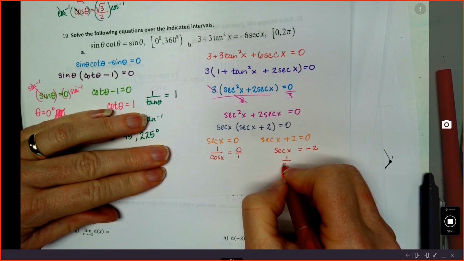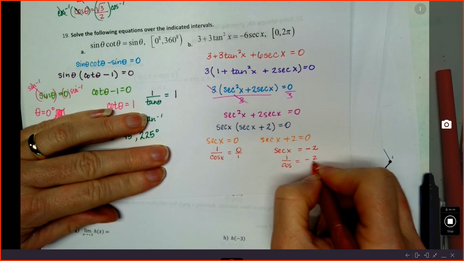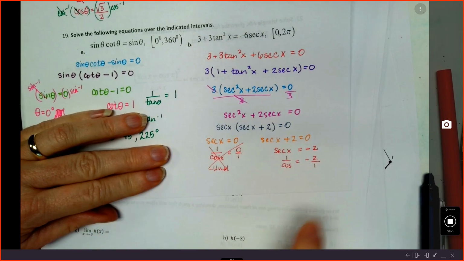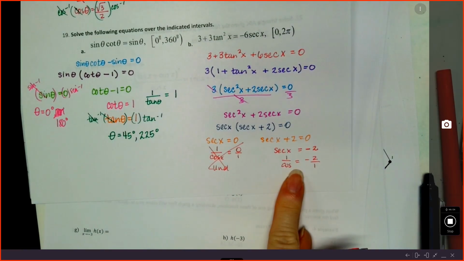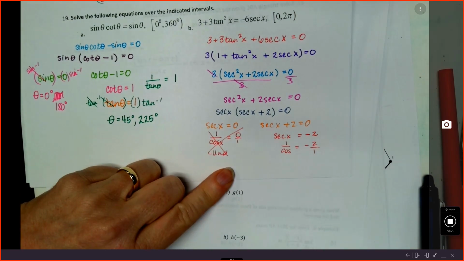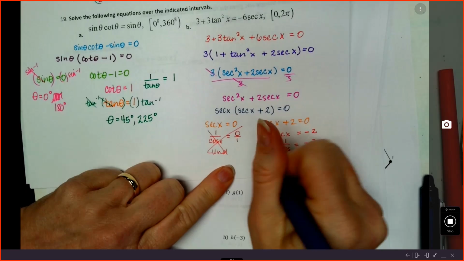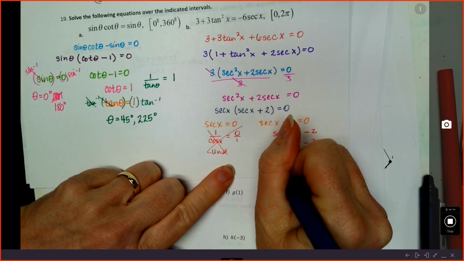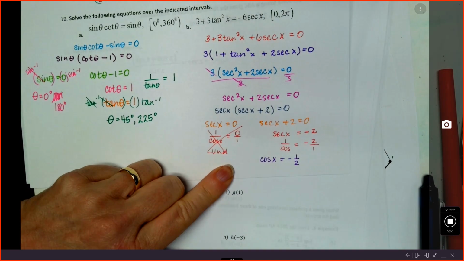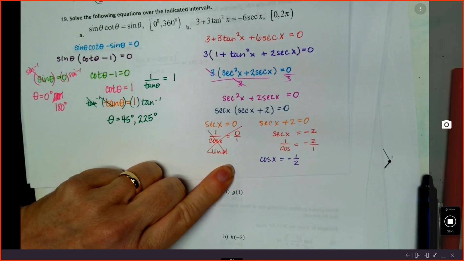So this is 1 over cosine equals negative 2 over 1. So this one goes undefined, so I don't need this one. But this one, flip it over. The cosine equals negative 1/2. And then we're going to arc cosine that.